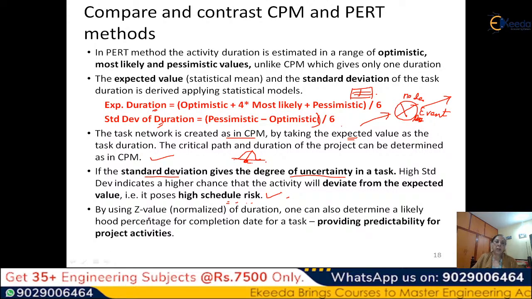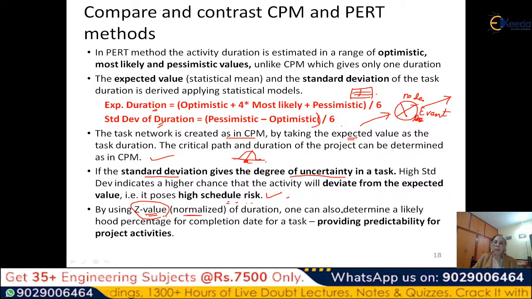And then you can convert it into Z value. That means normalized duration. So what you can do, you can subtract the mean and convert it into a zero mean variable. Then you get the Z value, that means zero mean value.